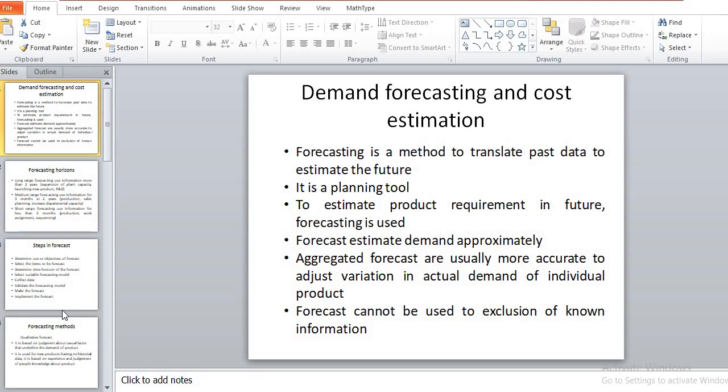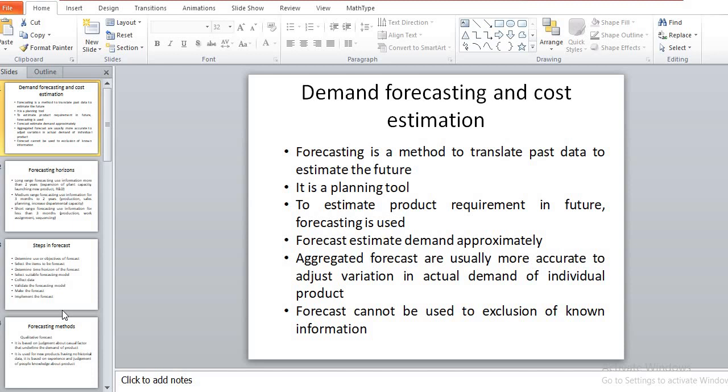By using this forecast, we cannot ignore known information about that particular product. So forecasting is a planning tool used to determine how much quantity of the product will be required by the consumer in the future.